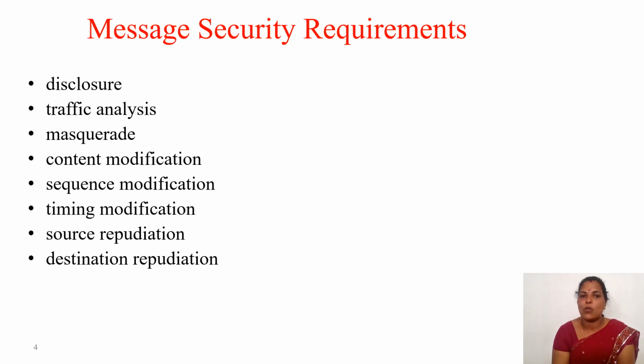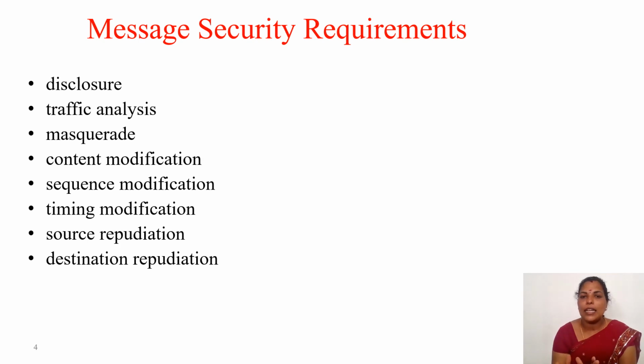The requirements are disclosure, traffic analysis, masquerade, content modification, sequence modification, timing modification, source repudiation, and destination repudiation. The first two, disclosure and traffic analysis, come under the confidentiality part. From masquerade to destination repudiation, they come under the authentication part. And the last two, source repudiation and destination repudiation, are for the digital signature.